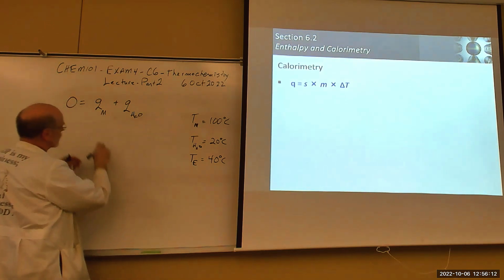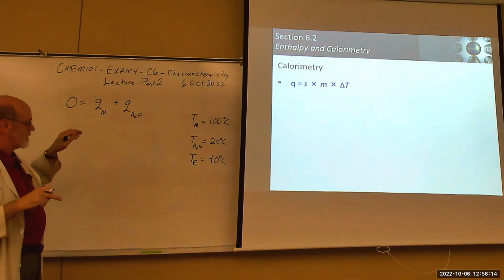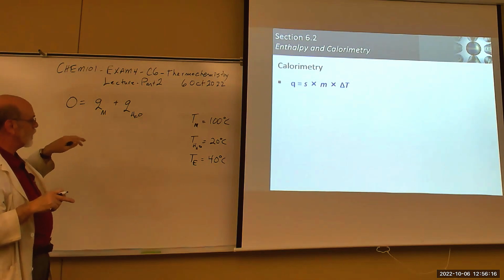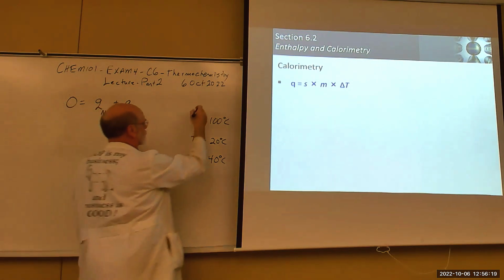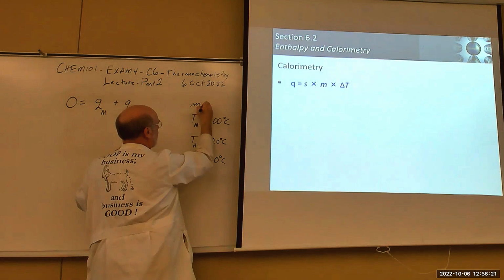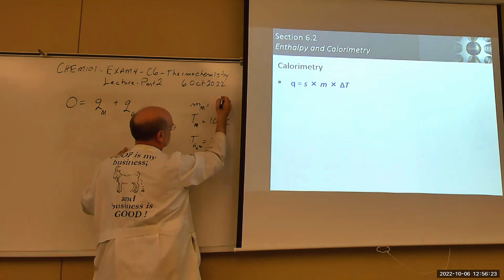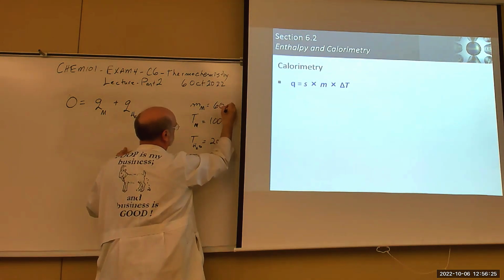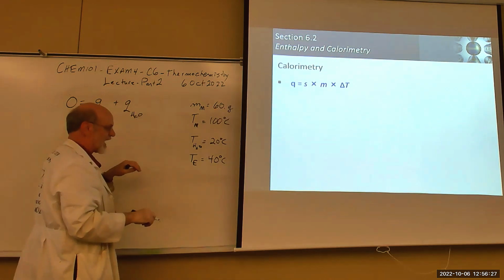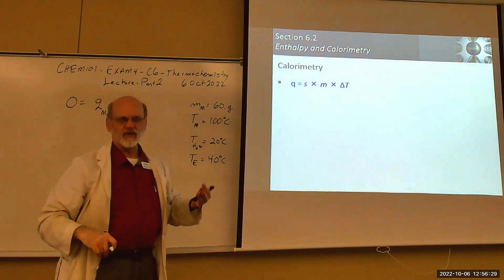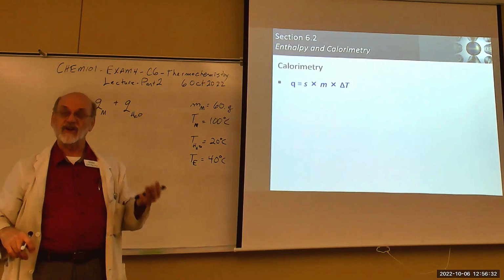Okay. So this one, do we know the mass of the metal? Well, yeah, let's say we do. Mass of the metal is, say, 60 grams. What's the mass of the water? Well, we normally don't measure mass of water, we normally measure volume.